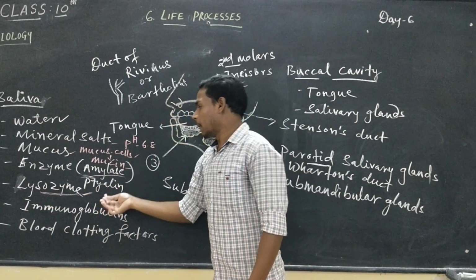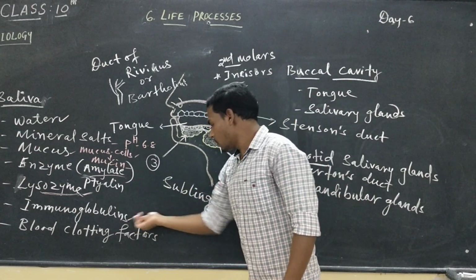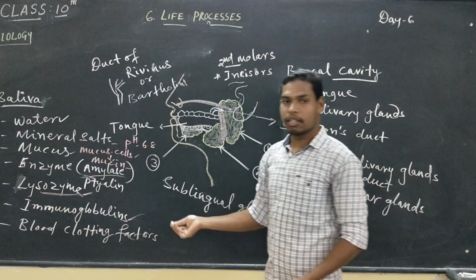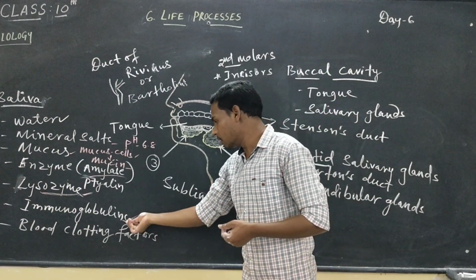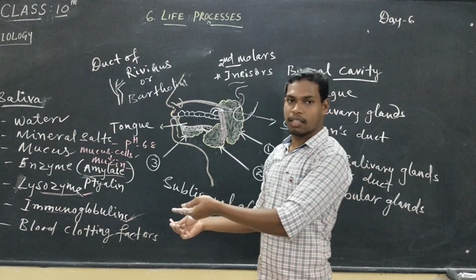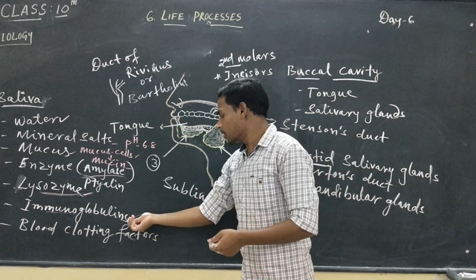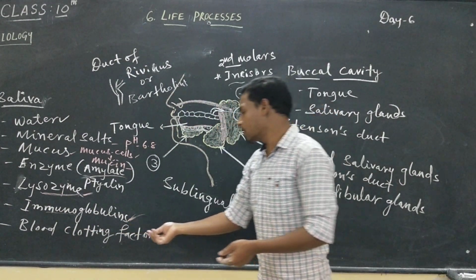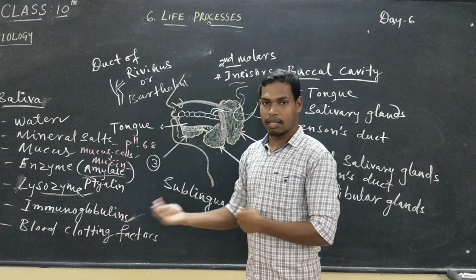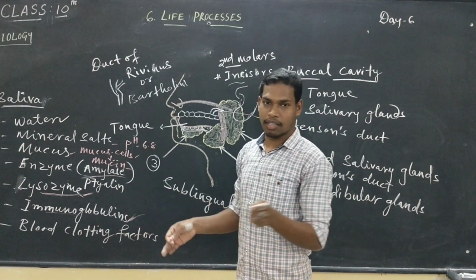Next, immunoglobulin. Through the food, many microbes enter into our mouth. So immunoglobulins are produced against the microbes that are entering into our body. Immunoglobulins are antibodies. They act against antigens.